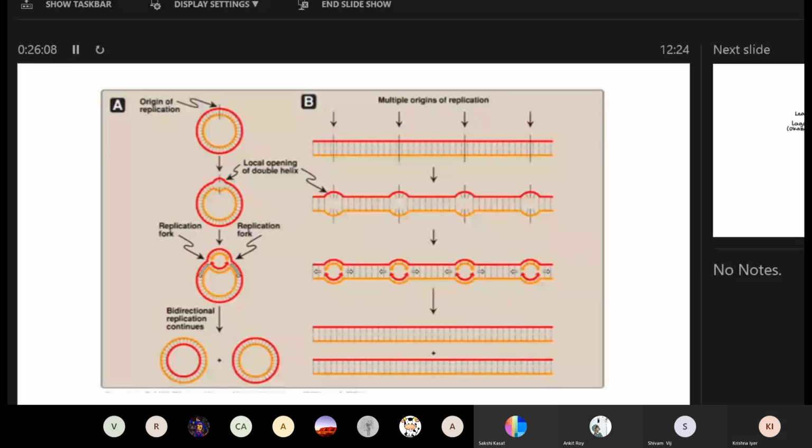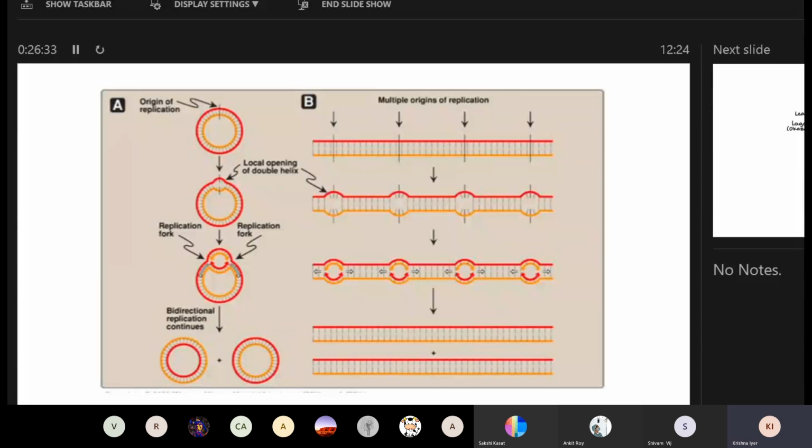Okay. Now, what you have to realize is that when these replication forks move in either direction and they meet here, one of these strands, which is made in a leading fashion, will merge to this other fork in which it is a lagging strand.